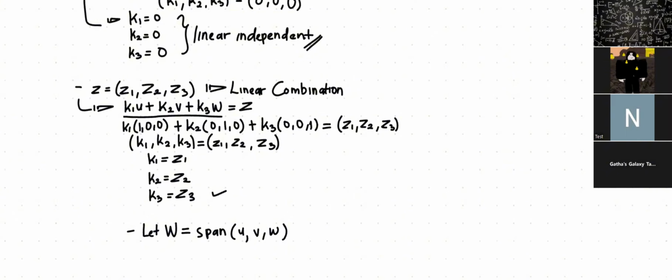Okay, the first condition is containment of the zero vector. In this condition, we take K1, K2, and K3 equal to 0.